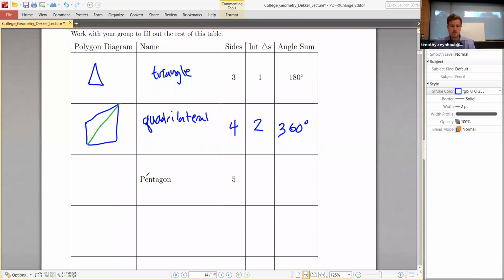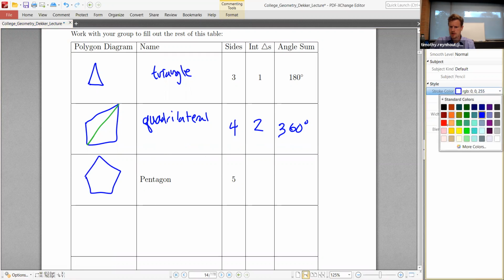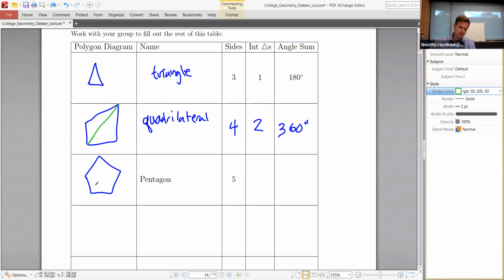All right, so we can keep doing this. So if we move on to a polygon with 5 sides, that's something that looks like this. And of course, that's a pentagon. And we can split this up into triangles as well. Again, we want the vertices of the triangle, or the corners of the triangle, to only be those of the 5-sided figure, which is called a pentagon. So let's see here.